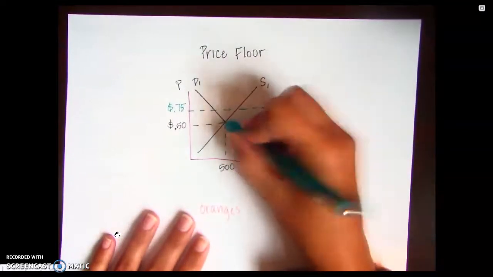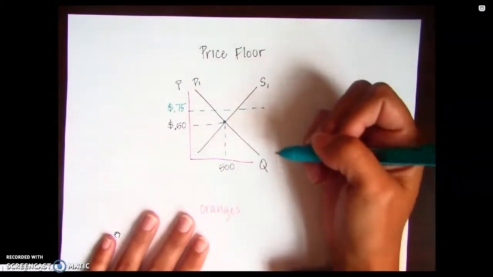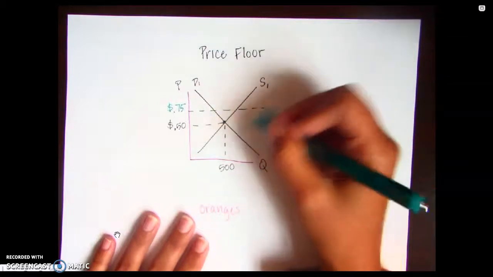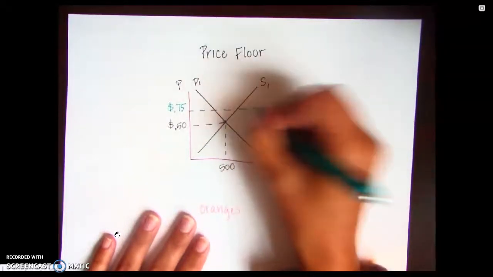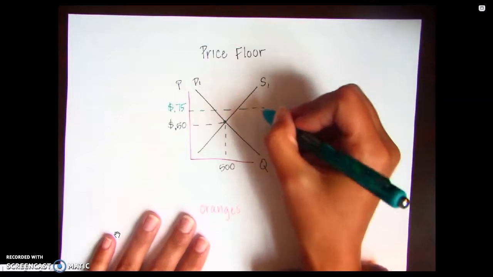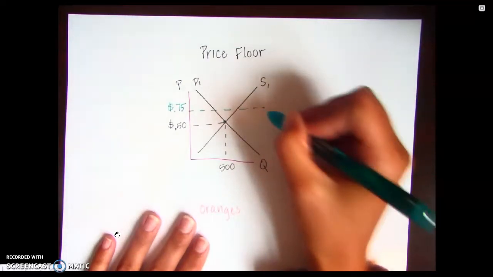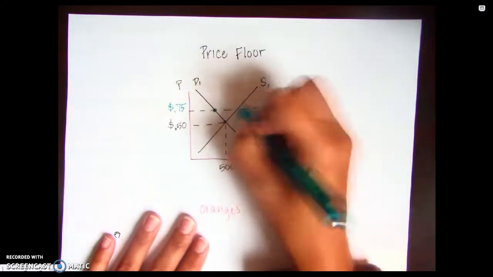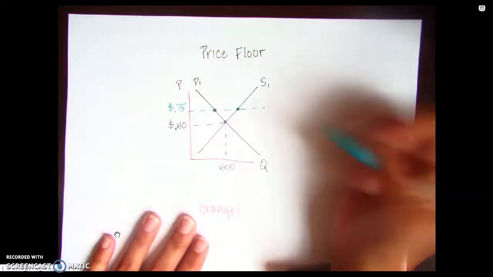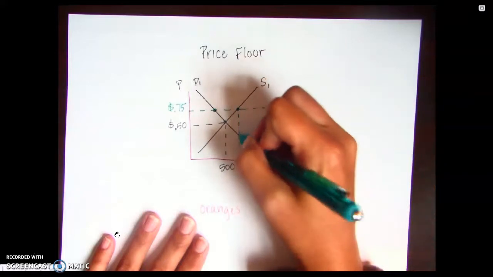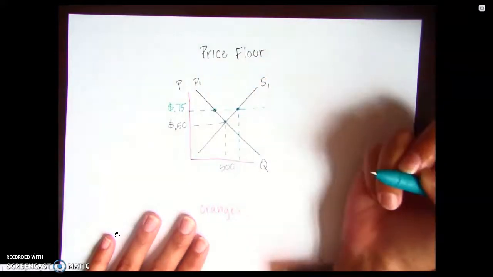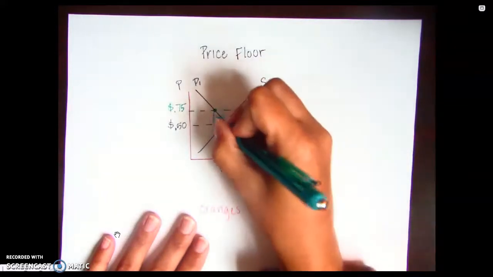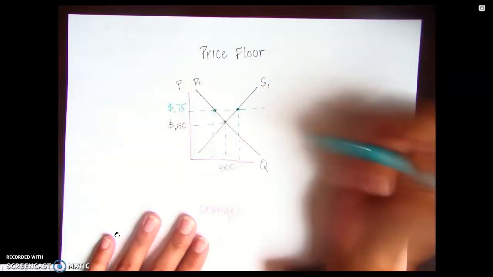We're no longer where we want to be because that's this agreement between our consumers and our producers. The government is telling us we have to be here. We have to sell our items at least for 75 cents. So, looking at that, our suppliers are here and our consumers are there.